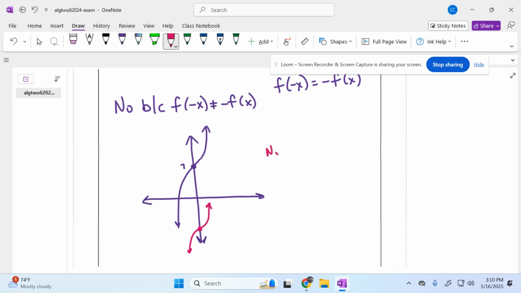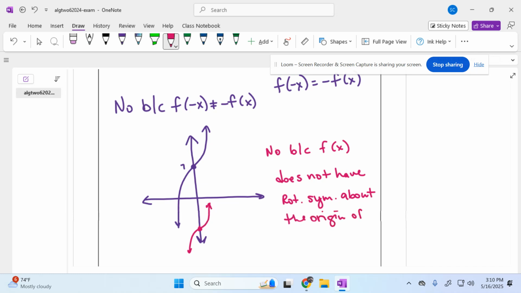So you can say the answer is no, because f of x does not have rotational symmetry about the origin of 180 degrees.